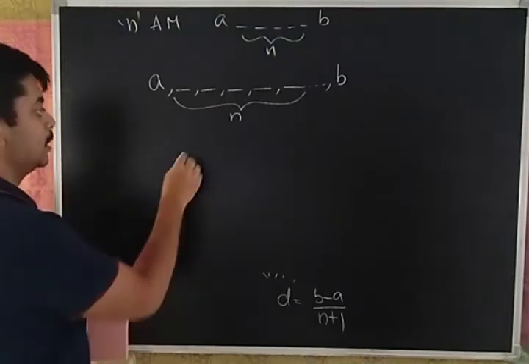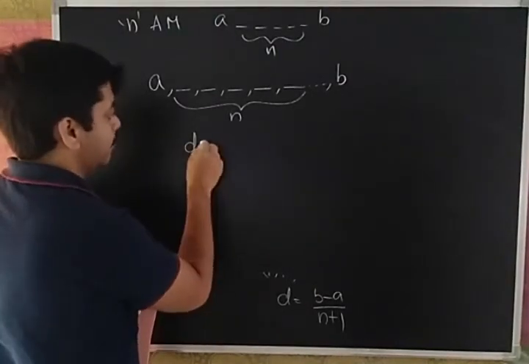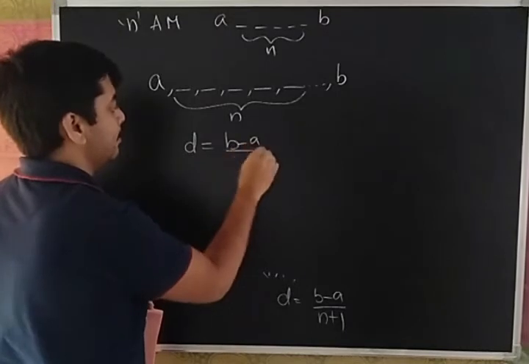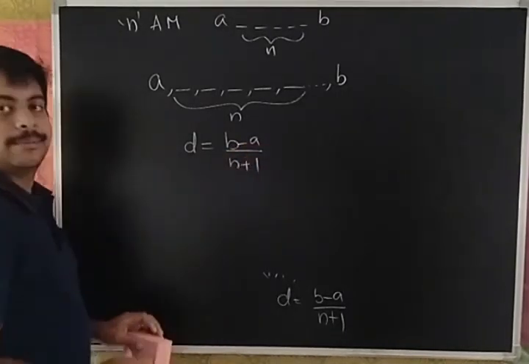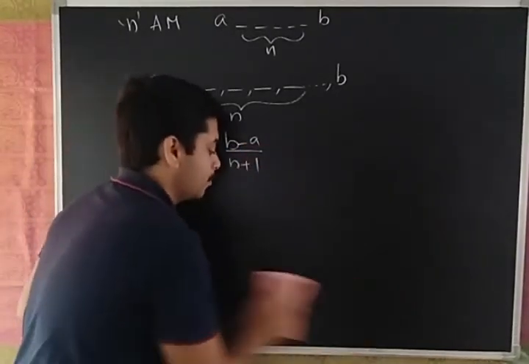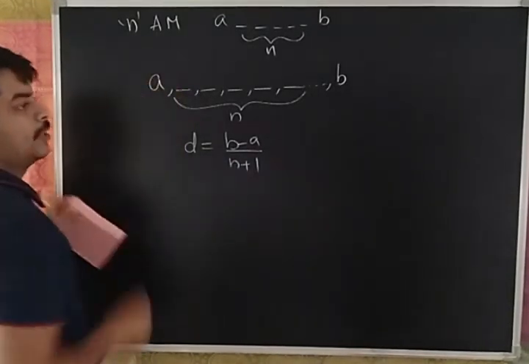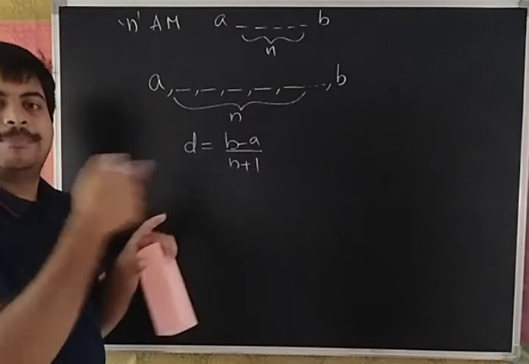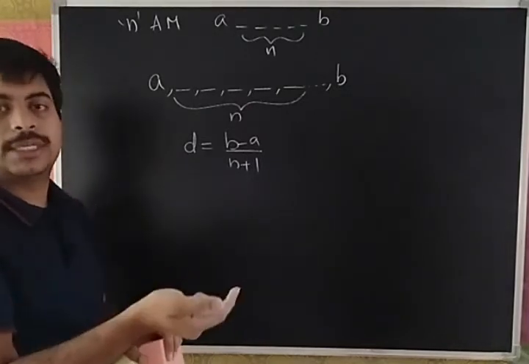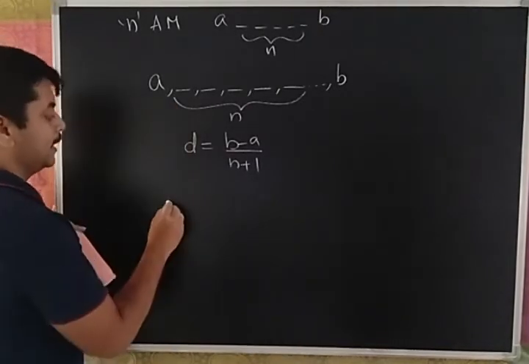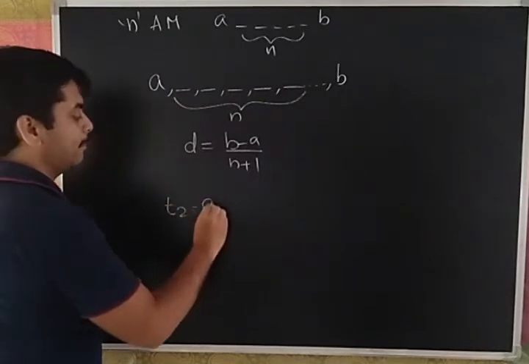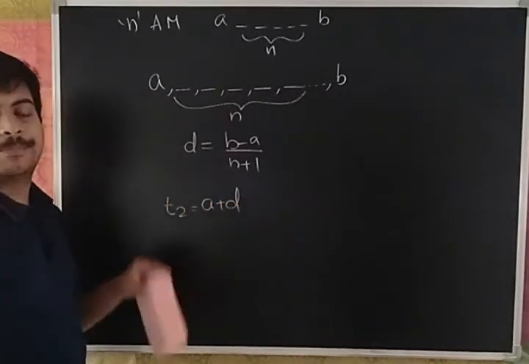For this progression, we derived that the common difference is B minus A by n plus 1. So, now this is A. What is the next element, can you tell me? The next element is A plus D. Just the common difference will be added to that. So, the second term T2 is A plus D.